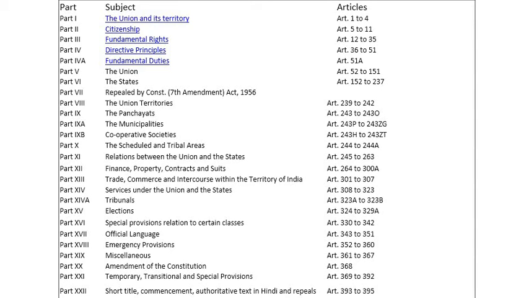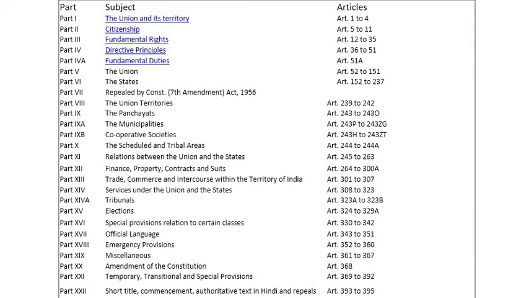Part 16 special provisions relating to certain classes. Part 17 official language. Part 18 emergency provisions. Part 19 miscellaneous. Part 20 amendment of the constitution. Part 21 temporary, transitional and special provisions. Part 22 short title, commencement, authoritative text in Hindi and repeal.